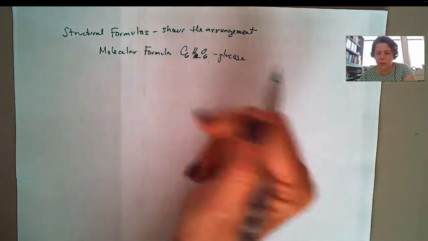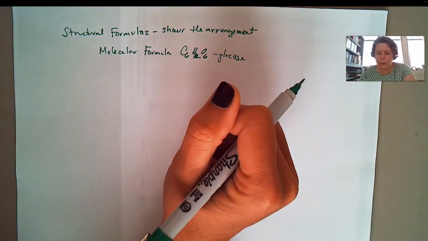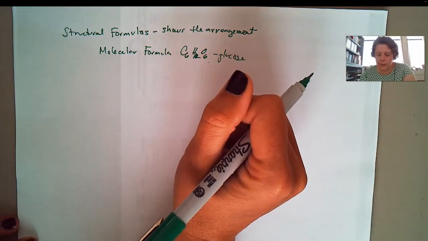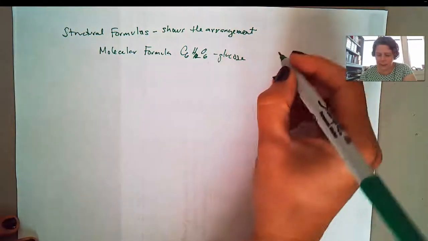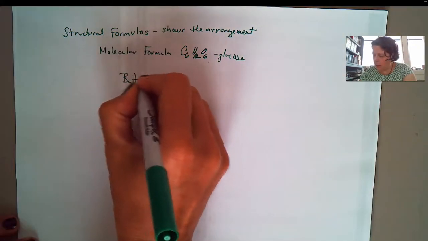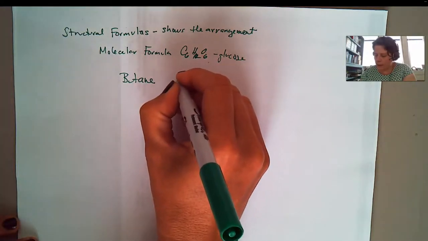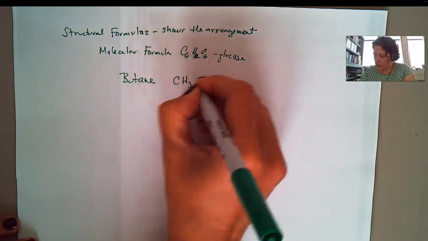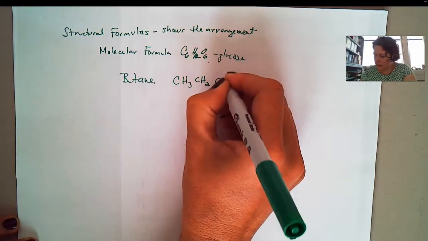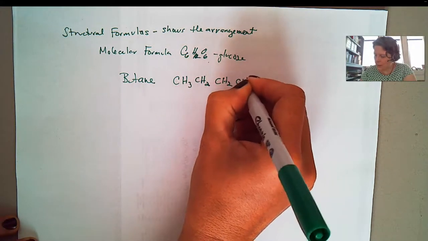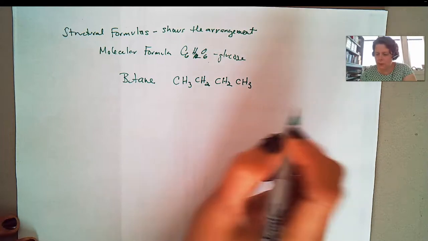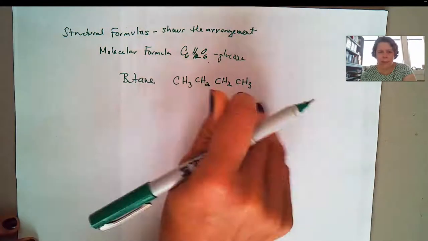It shows us where the bonds are. So another example here would be butane. Butane could be written as CH3, CH2, CH2, CH3, and so it just tells us where everything is.